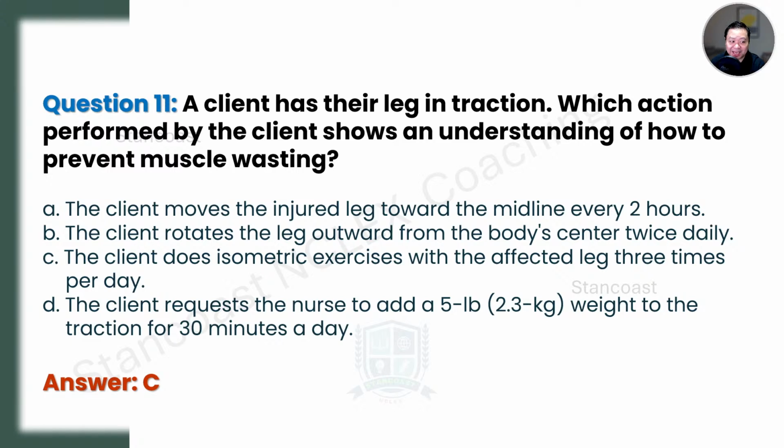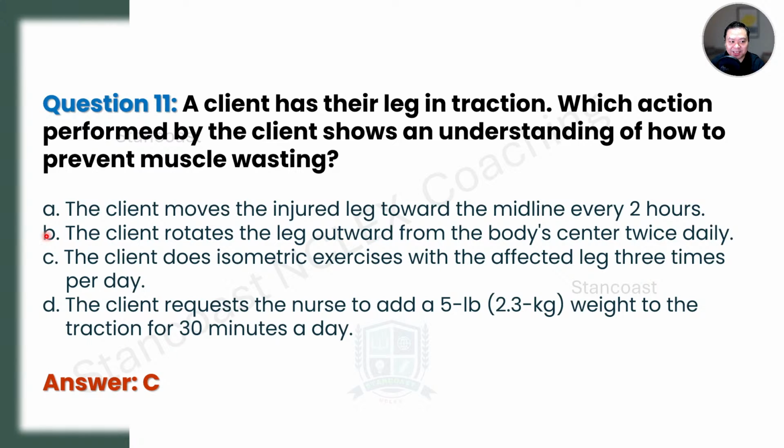If you selected letter A, the client moves the injured leg toward the midline every 2 hours. What do you think about that one? This can affect the traction alignment, so do not select letter A. Inwards, not a good sign.